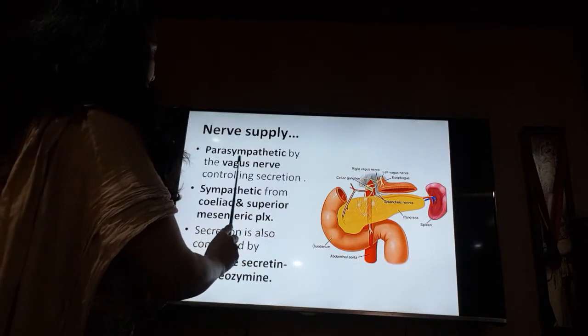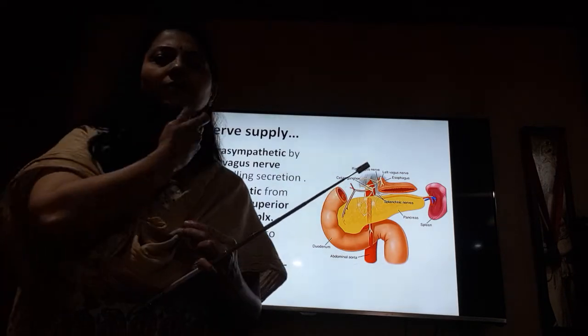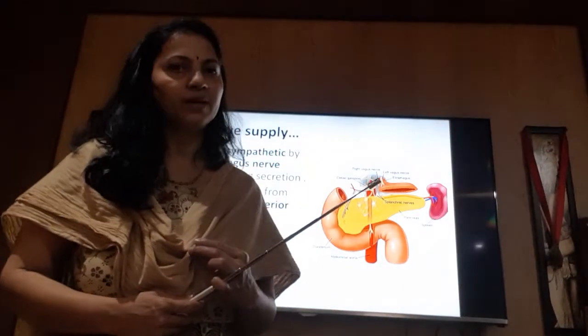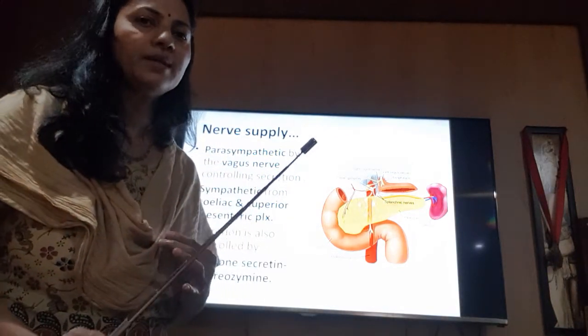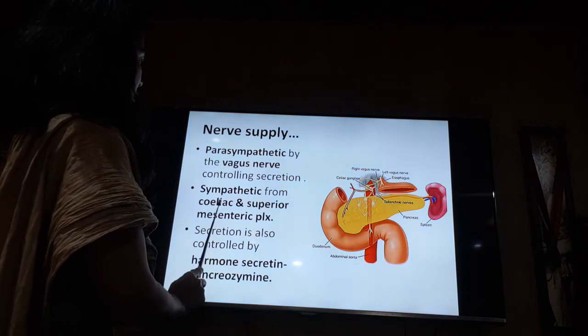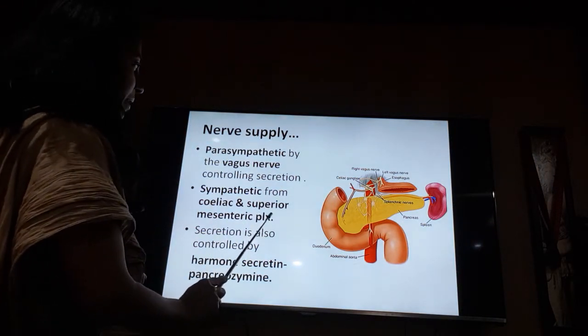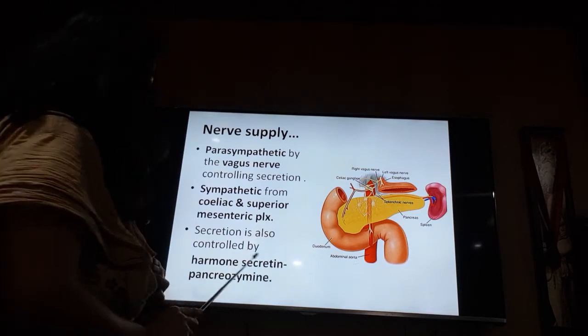Now, nerve supply. Parasympathetic nerve supply is by the vagus nerve. We know the 10th cranial nerve is the vagus nerve. It is a parasympathetic nerve. So parasympathetic nerve supply is coming from the vagus nerve. Sympathetic nerve supply is coming from the celiac and superior mesenteric plexus. Plexus means network.